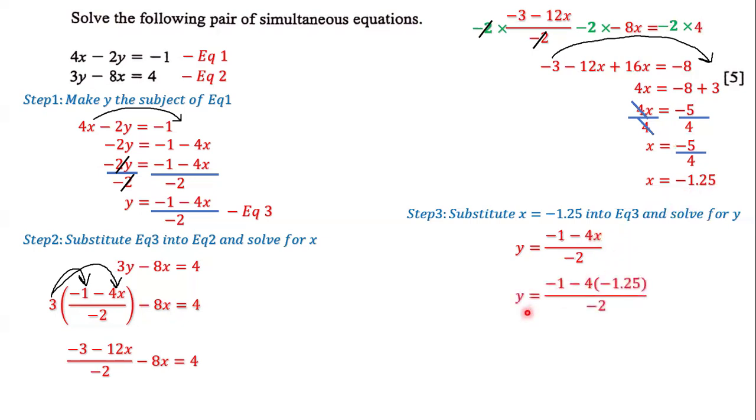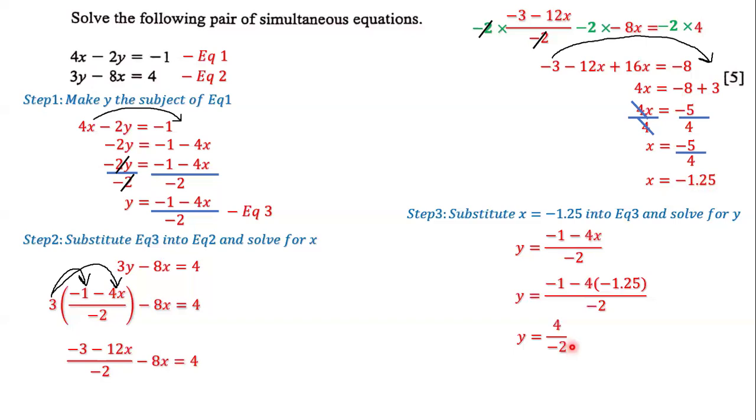And so we get that y is equal to negative 1 minus 4, open bracket, negative 1.25, all over negative 2. Let's operate on the numerator. When we do negative 1 minus 4 times negative 1.25, we get 4 at the top, and we're still divided by negative 2.